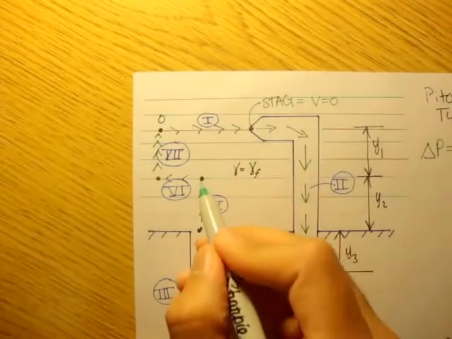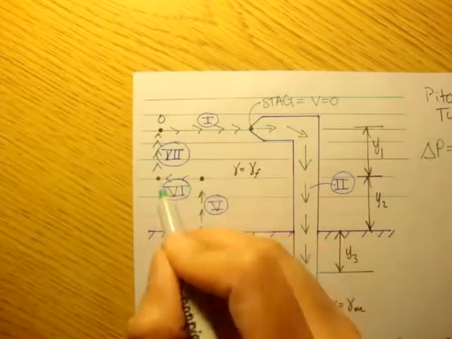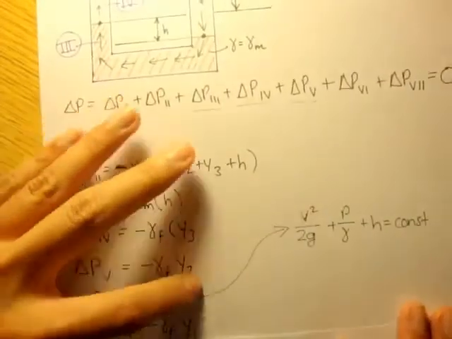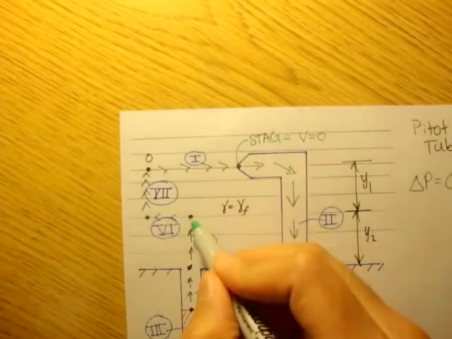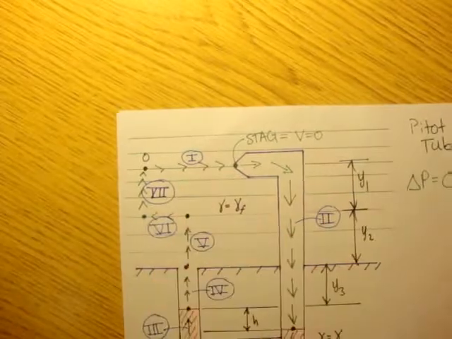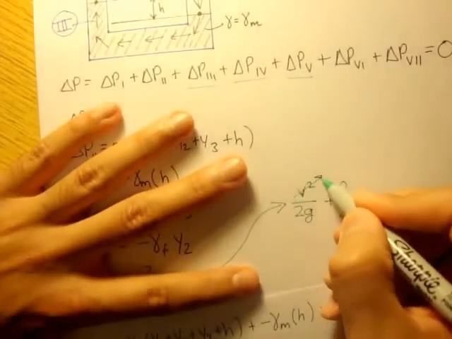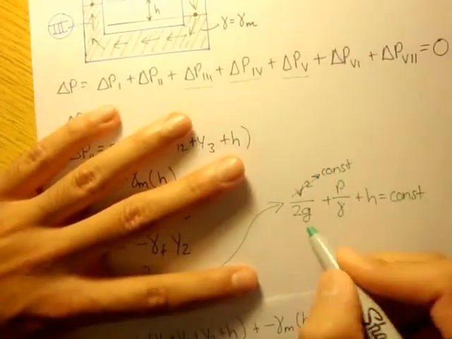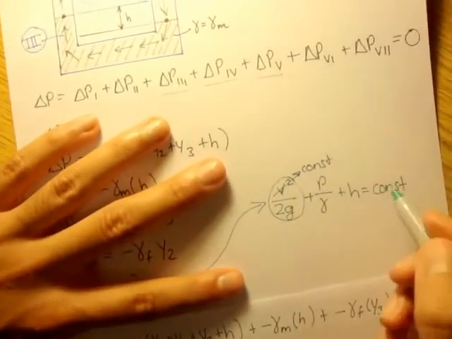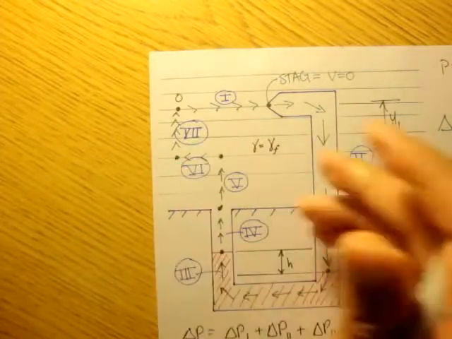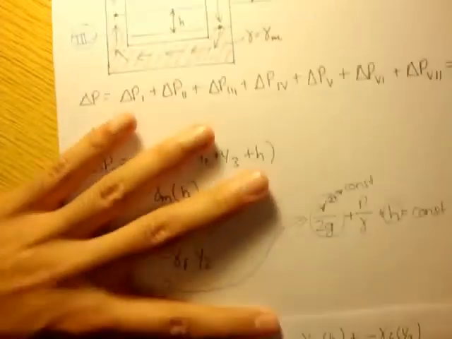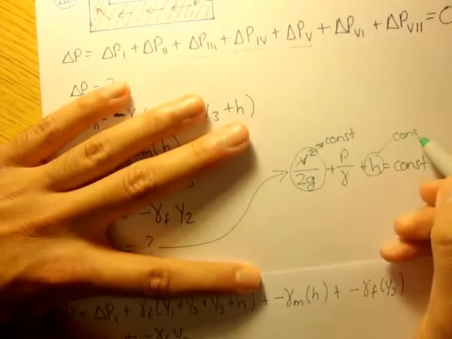Because the total energy head here and here should be the same. Now we know the velocity at this point and the velocity at this point are the same. So this entire term is a constant. H, is there a change in elevation from this point to this point? Well, no, there isn't. So that's also a constant.